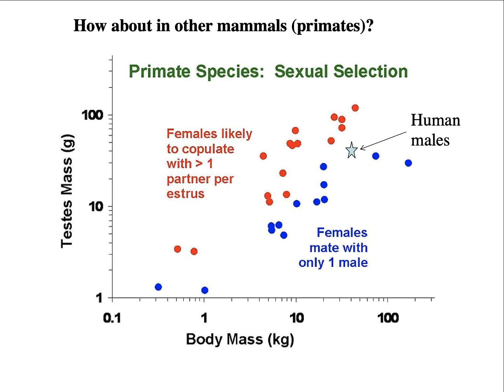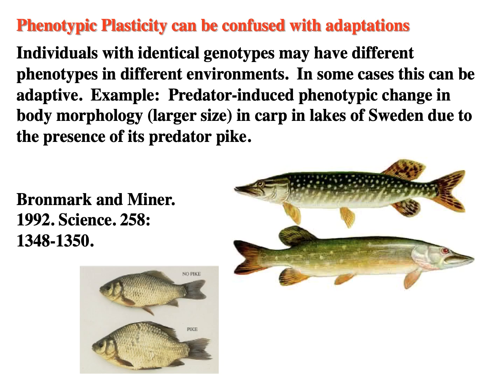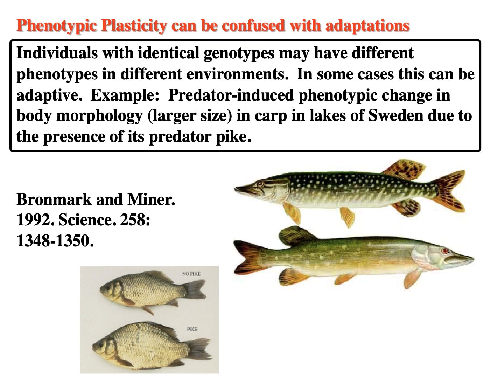There's also phenotypic plasticity, which shouldn't be confused with adaptations. What it is, organisms have a certain degree of variation within each individual. So their morphologies can change somewhat in different environments.